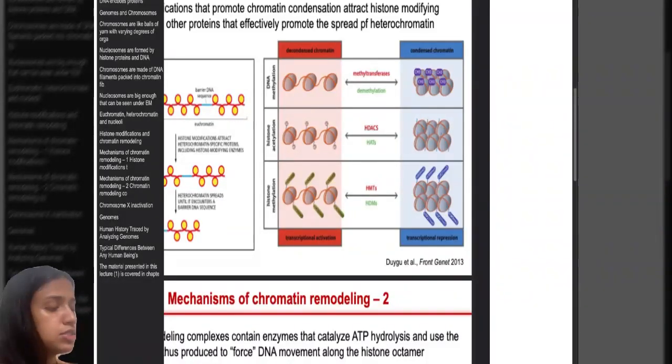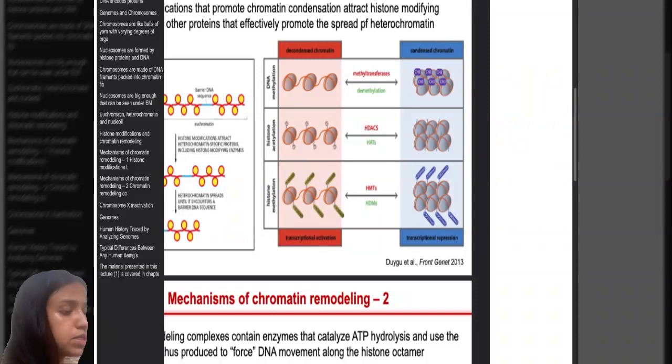Once you become an MD, you get to buy HDTVs, HDACs, hats, and then H and M, HMTs. It's not HN, it's H and M. And the last one was HDMs. So that's how I would remember it.